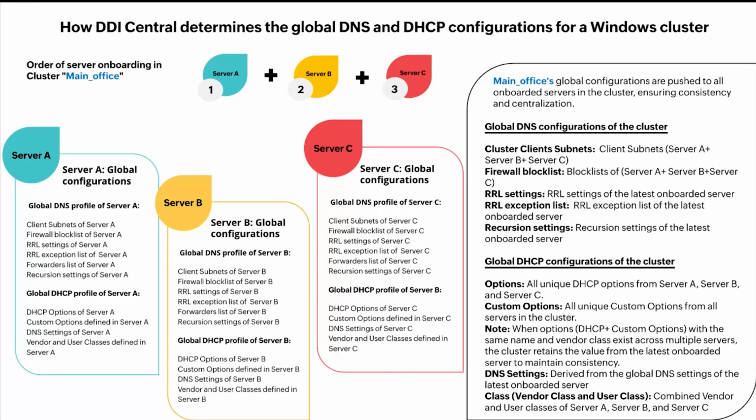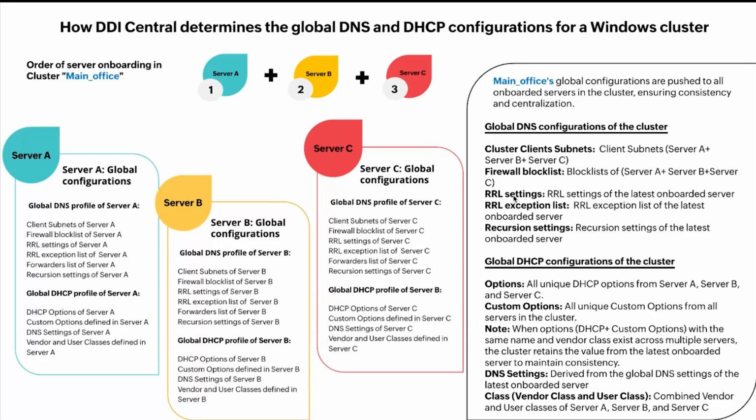For certain settings, there are certain options, like DHCP options, which can bear only a single value. Say for RRL settings, it can bear only a single setting at a time. So we make sure that the latest onboarded server's value is copied for the RRL settings.